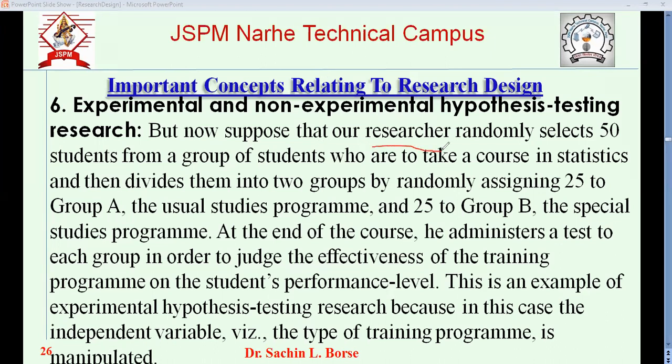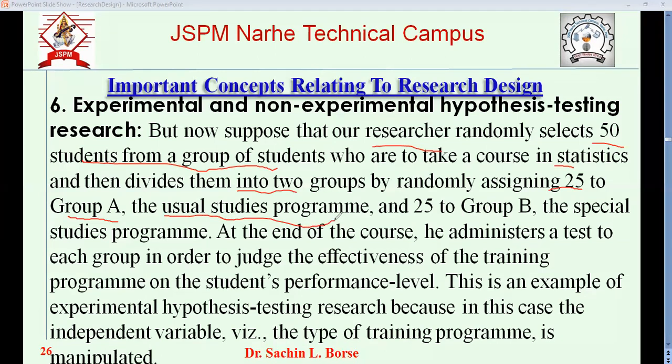Now suppose our researcher randomly selects 50 students from the group of students who have taken the course of statistics, and then divides them into two groups randomly. The first group of 25 students, we'll call group A, gets the normal study program, as usual.